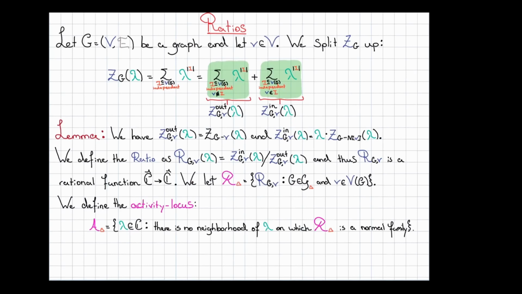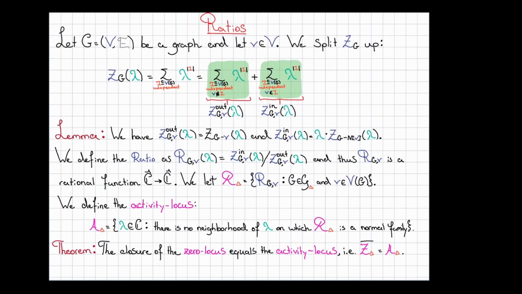So we look at these values of lambda where there is no neighborhood on which this family of rational functions forms a normal family. We call that the activity locus. And we prove that the closure of the zero locus, so the closure of all the zeros of the independent set polynomial of bounded degree graphs, is actually equal to the activity locus.